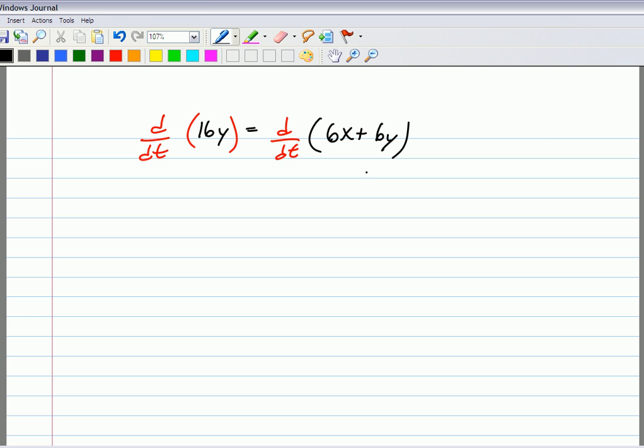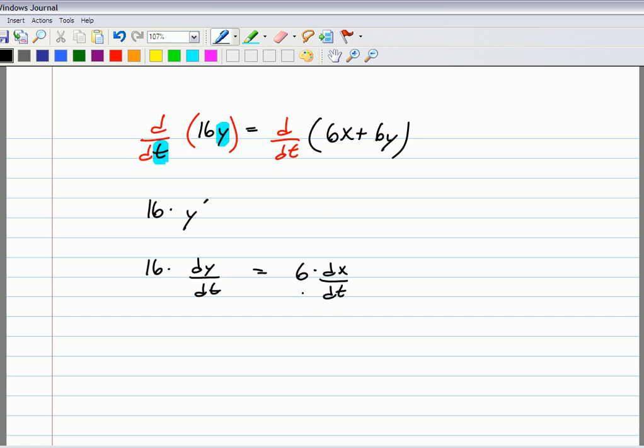So 6x + 6y. No biggie, right? The derivative with respect to time, okay? You're differentiating with respect to time. So the derivative of y with respect to time, you're going to have 16 times, let's call this y prime. You could write y prime as dy/dt, equals the derivative of 6x with respect to time, which is 6 times dx/dt.